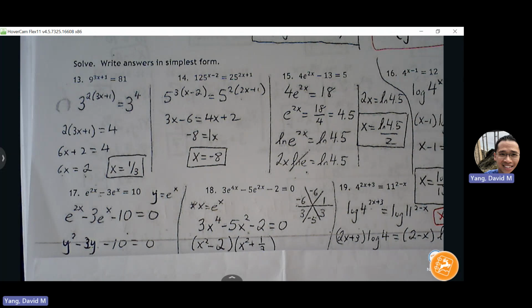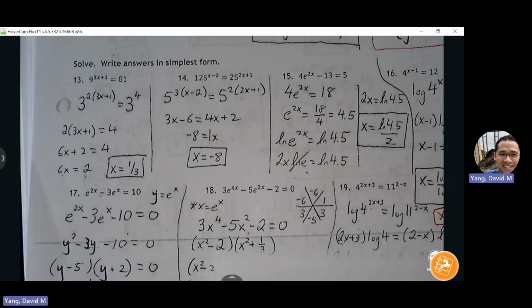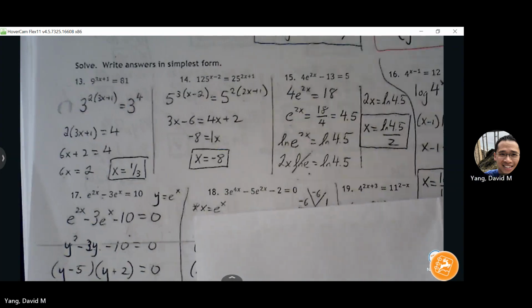y squared minus 2y minus 10 is a lot easier to factor. More familiar. 1 by 2, negative 10, add to negative 3. Once you get factoring to appear, then bring the e to the x back and look for x after x.